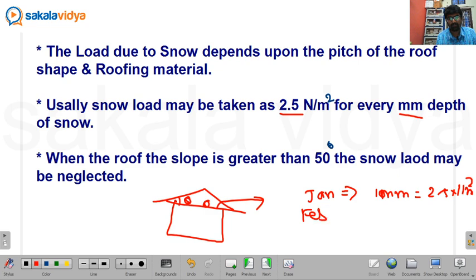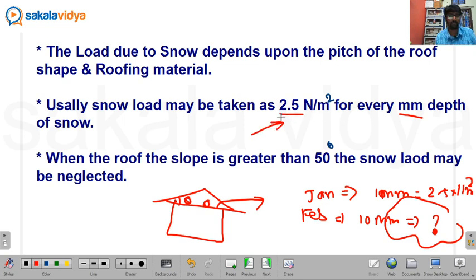In the month of Feb, the depth increases to 10 mm, so you have to see what load we are going to get. So for every 1 mm depth of snow, the load is going to increase by 2.5 Newton per meter square. So this is an example for that. When the roof slope is greater than 50 degrees, the snow load may be neglected.